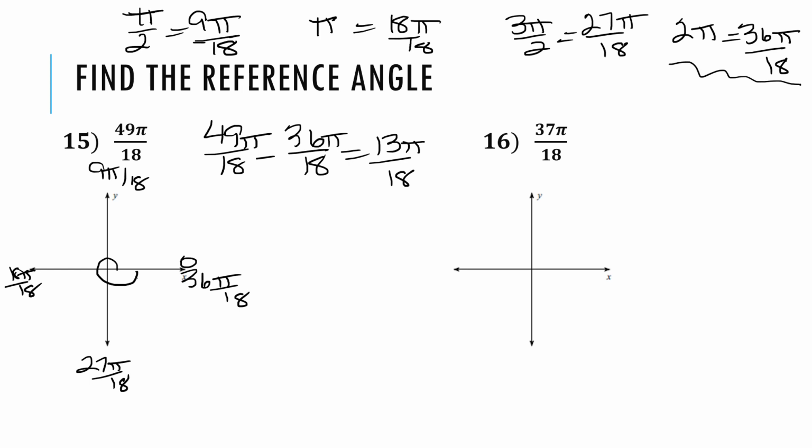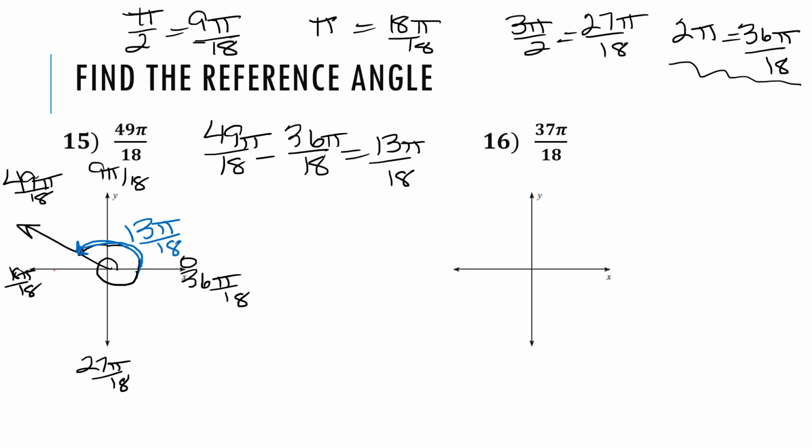I need to travel another 9 to get me here, and 1, 2, 3, 4 more to get me into this quadrant. So the angle I've drawn does represent 49 pi over 18. The portion that I have in blue is 13 pi over 18.